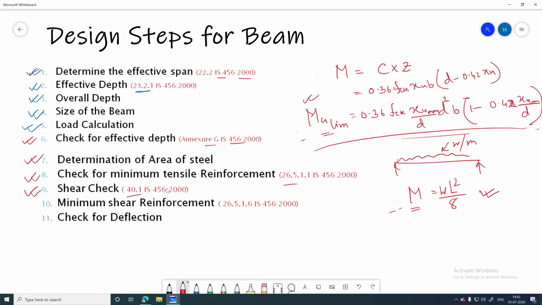So considering tau v and tau c, comparing them, we can decide whether shear reinforcement needs to be given or not. Okay, now if it is not needed, the minimum shear reinforcement has to be given, that is given in 26.5.1.6. So let's go there.